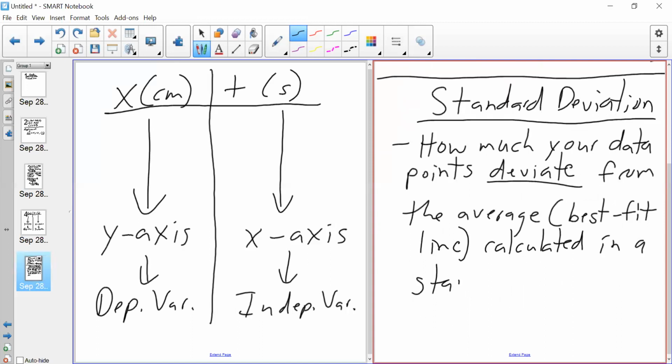And we're going to show the standard way. Standard generally means in physics or science the agreed upon way, the established way.